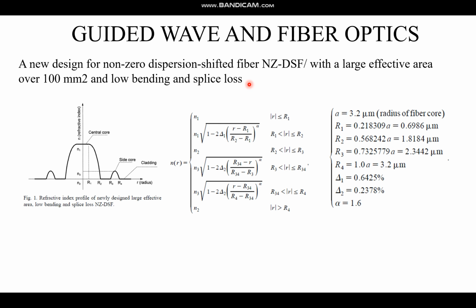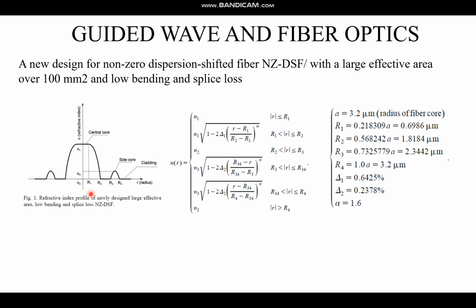The second paper I selected is named over here, and they designed the optical fiber structure like this. This is the refractive index condition, and this is the specific data they chose: a, R1, R2, R3, R4, delta, and alpha.